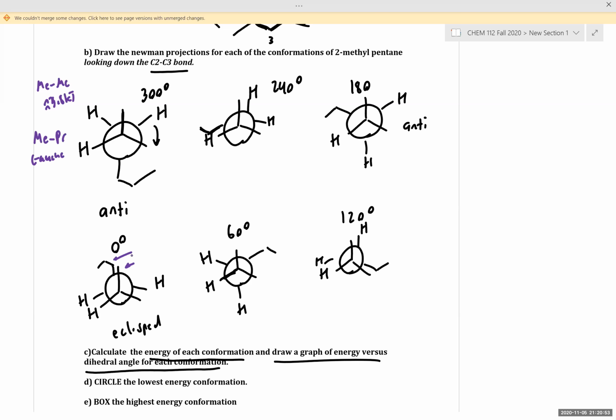For a methyl-propyl gauche interaction, what would we estimate it to be, roughly?